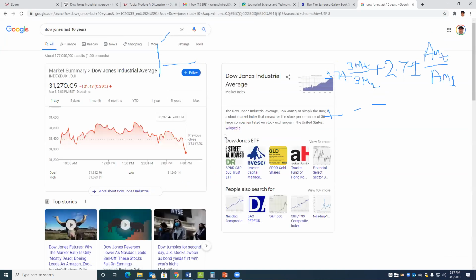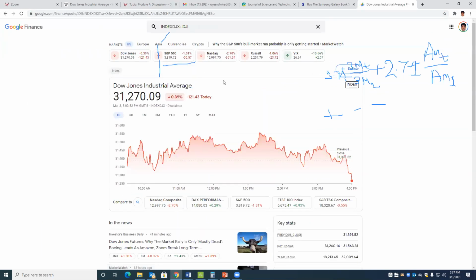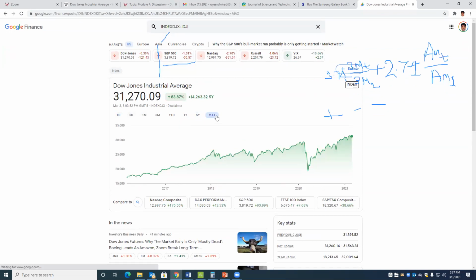So basically this is 1 day, 5 days, max 5 years. So here I think we can download somewhere. I have done similarly in other, 5 years max.